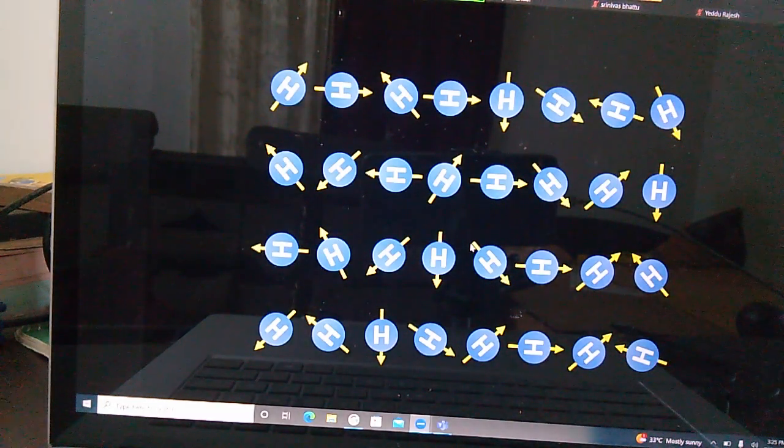These hydrogen ions are free floating. They are not oriented in any one direction. They are free floating small mini magnets, always rotating in different directions, and there are billions of such hydrogen ions within our body.